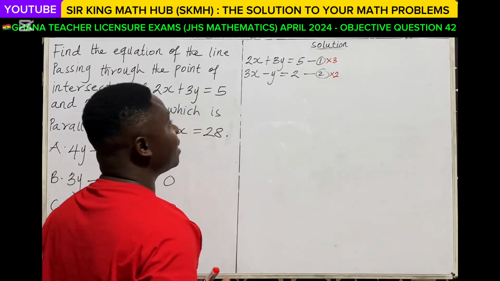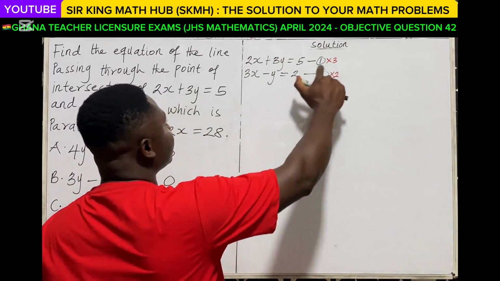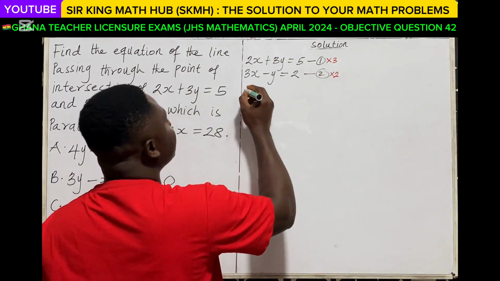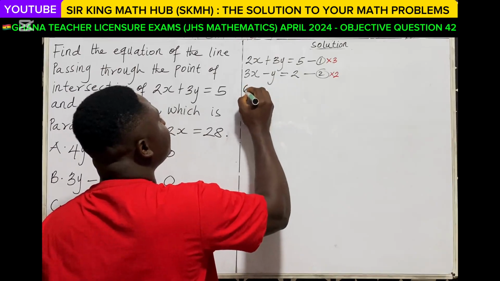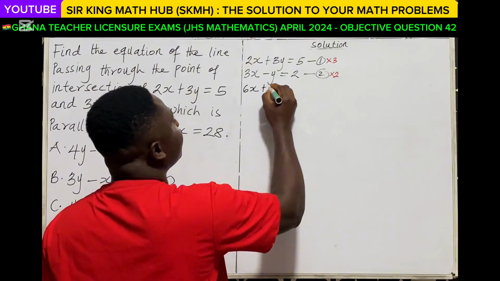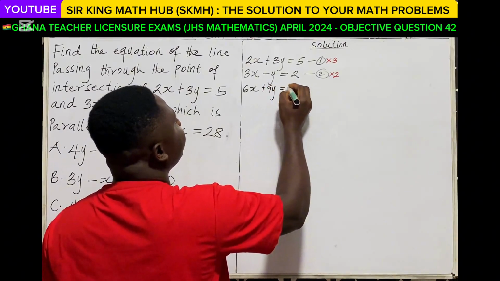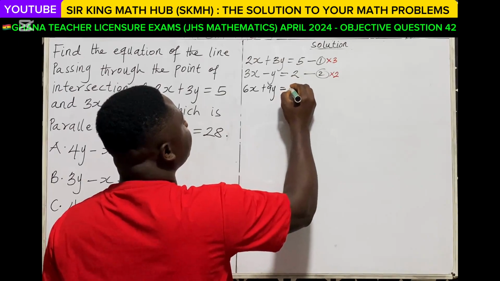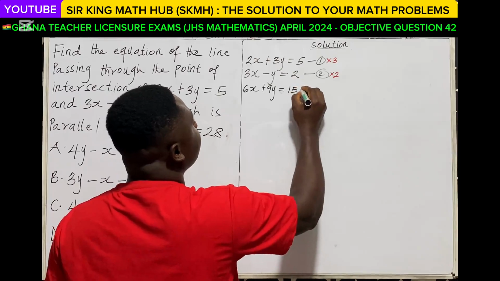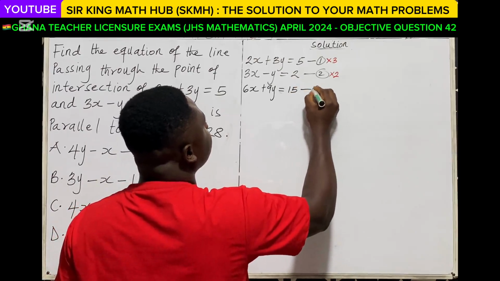So let's get our third equation. We can get our third equation by multiplying the whole of equation 1 by 3. So 2x times 3, we have 6x. 3y times 3, we have 9y. Then 5 times 3, we have 15. So this is our third equation.